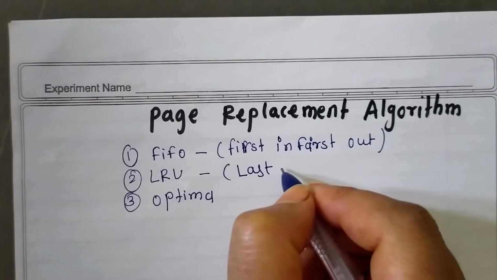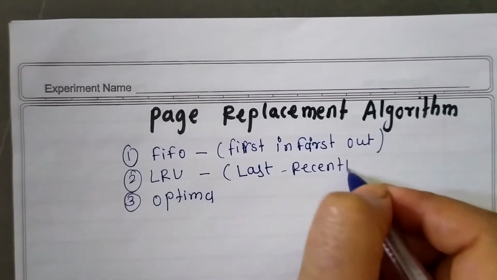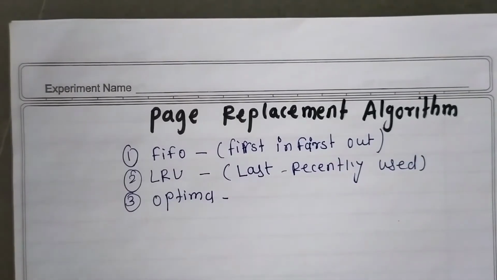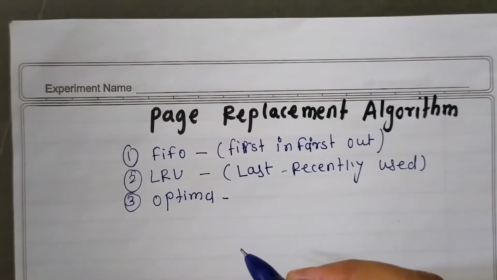LRU is least recently used, and this is the optimal page replacement algorithm. So these are the three page replacement algorithms.